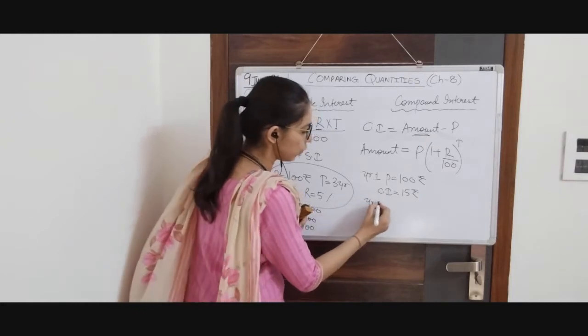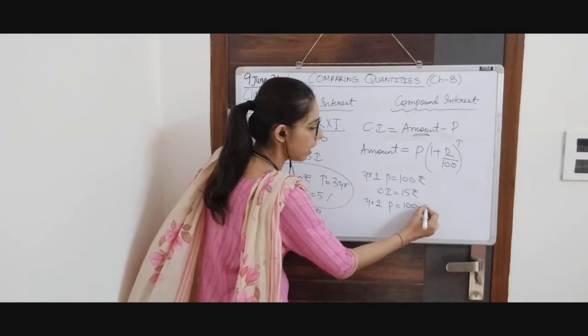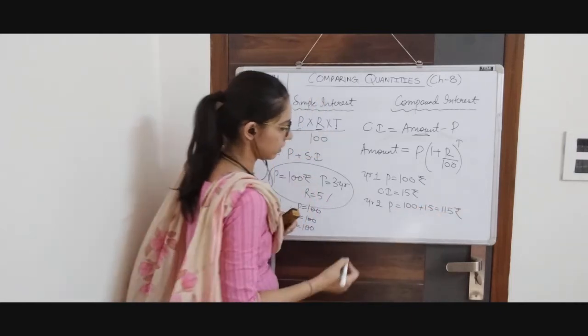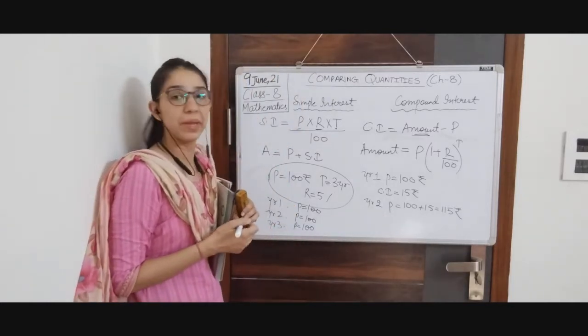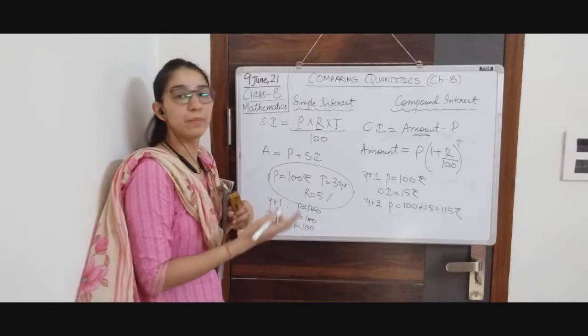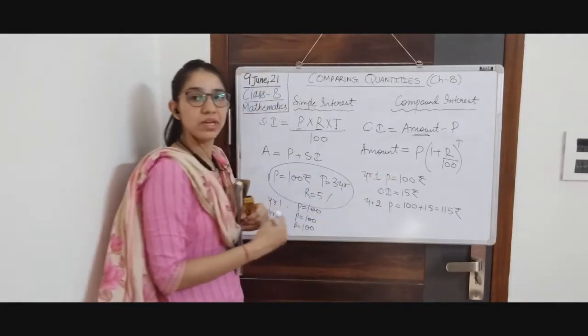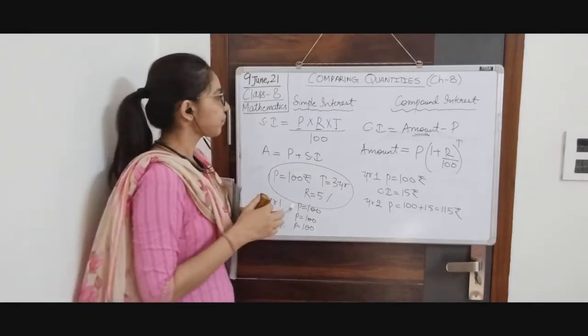Then for year 2, your principal will not be 100, but it will be 100 plus 15, that is 115. Okay? Similarly, we can calculate for year 3 and so on. This is the main difference between simple and compound interest. In compound interest, the principal is changing every year, meaning interest is compounded.